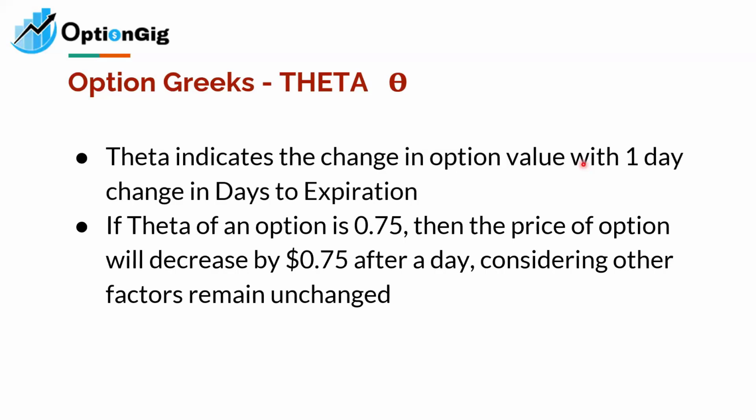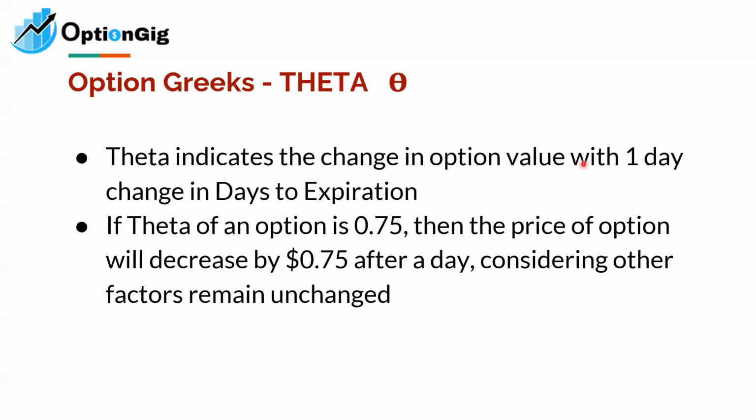So if you bought an option and nothing else changes, every day you are losing 75 cents. Of course, the theta value also will change. So let me make it clear. Every day you're losing the theta value.